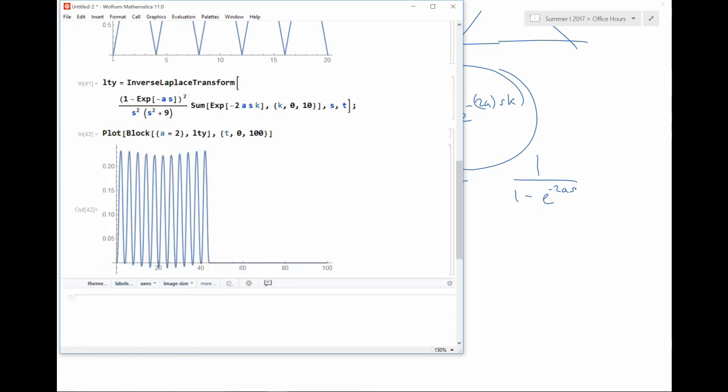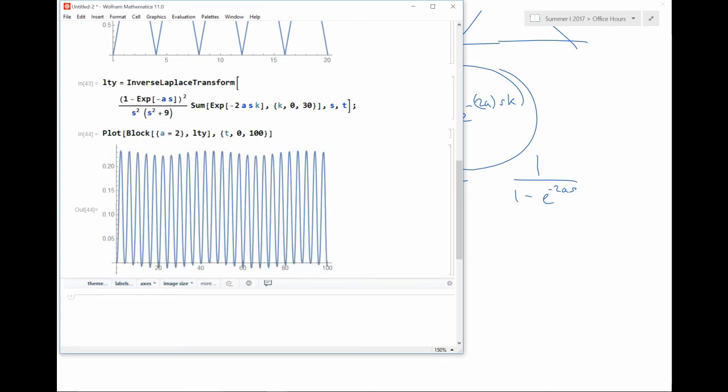As you can see, right after about 45 or so, the function stopped being what it is, and it's just because I only had this many f terms applied to it. If I increase the summation from say 10 to 30, then that will give me more periods of y correctly computed.